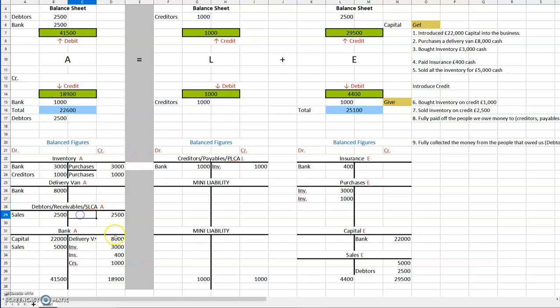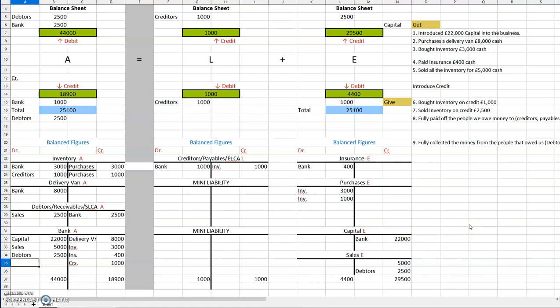Where is that going to? It's going to go to the bank. Okay, and then now we can see that that is not balanced. But then we do this over here, debtors, okay, and they go up 2.5. And that's it. Our blues are balanced.